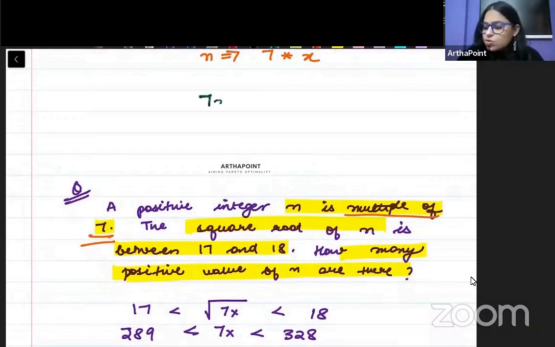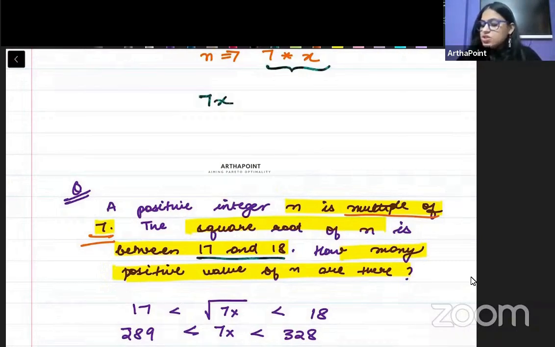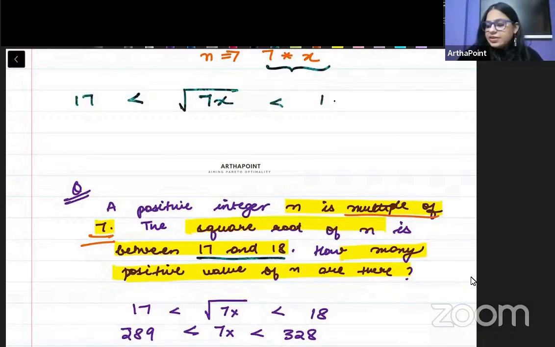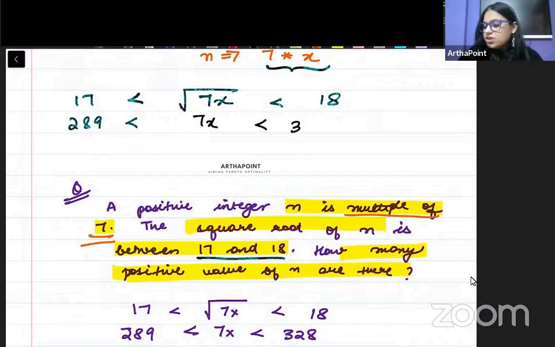Now, it tells you that the square root of this number is between 17 and 18. I can square both sides. So, beta, if I square both sides, I will get 289 less than 7x less than 324 by squaring both sides.